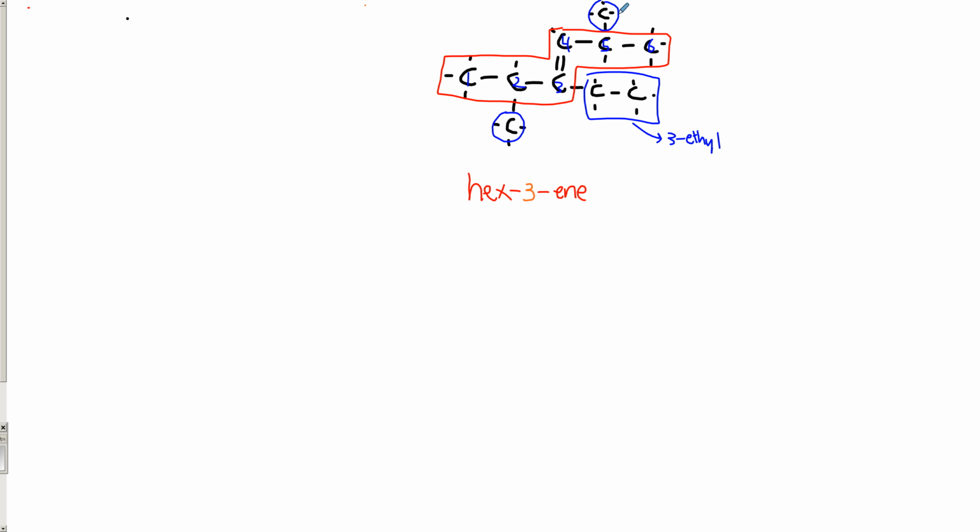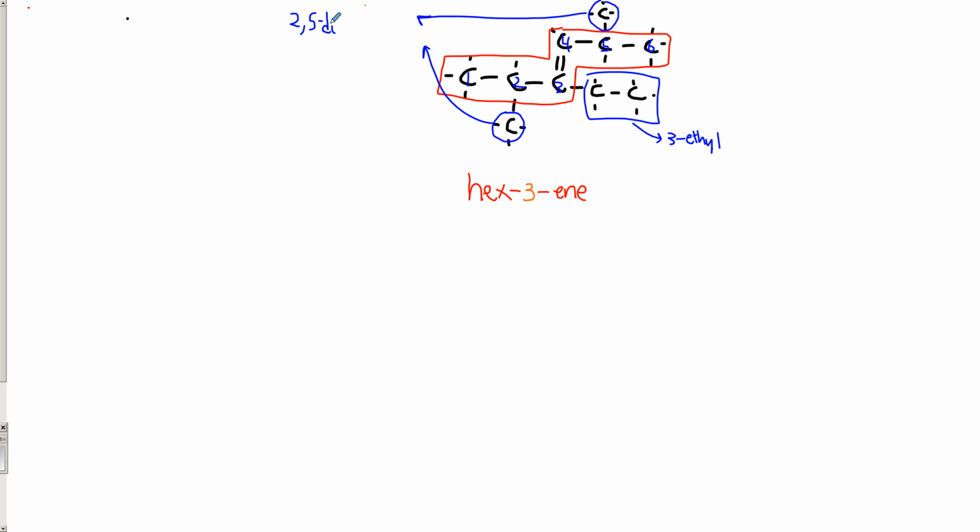There's one on carbon number 2. There's another one on carbon number 5. So that means that I'm going to write 2, comma, 5. That tells me where they live. Then I'm going to write di. That tells me how many. And then methyl.